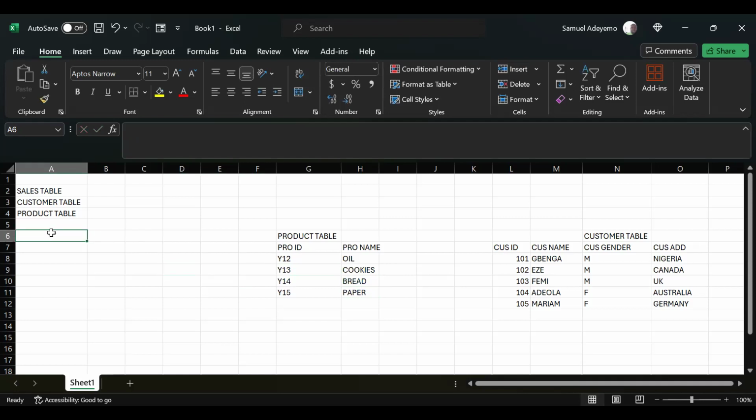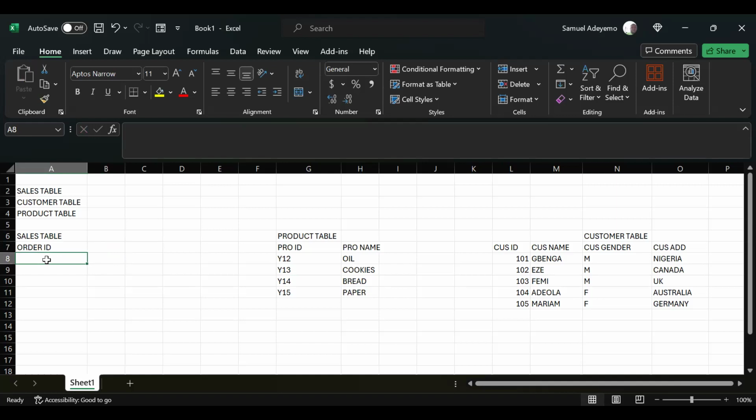Now let's move to the sales table. That's our transaction table where we have all the transactions going on, right? On the sales table, we have the order ID. That is, everybody bought something. Every order is a unique order, right?